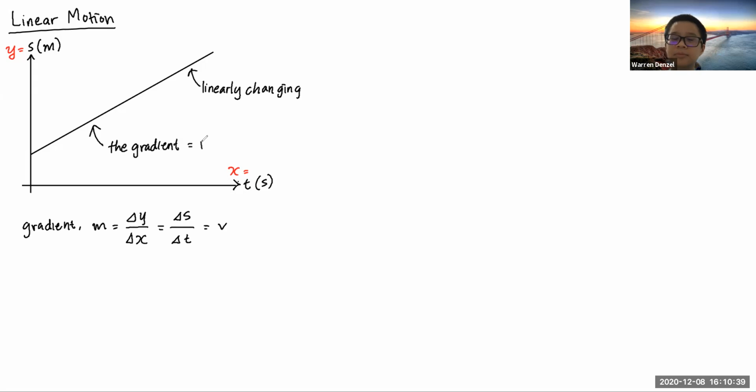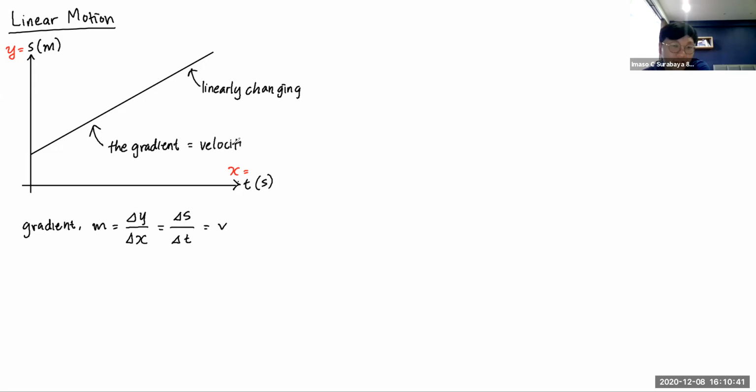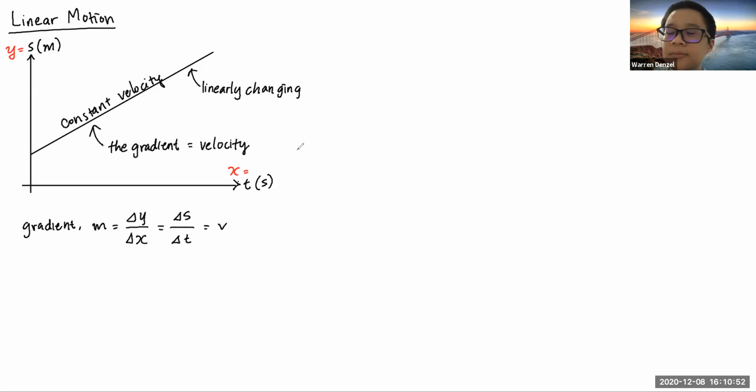And because the gradient is constant throughout the line, it means constant velocity as well, right? Yes, Mr. Okay. So we have two types of graph.